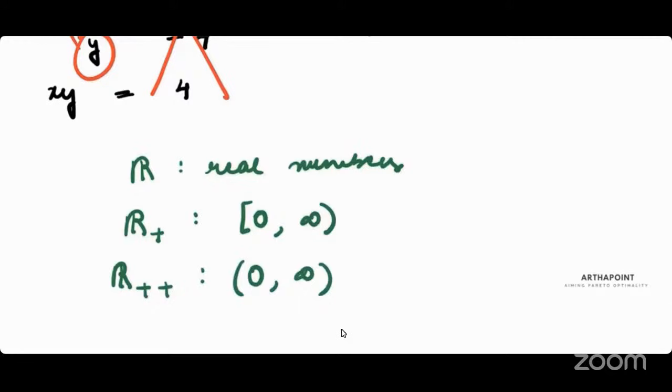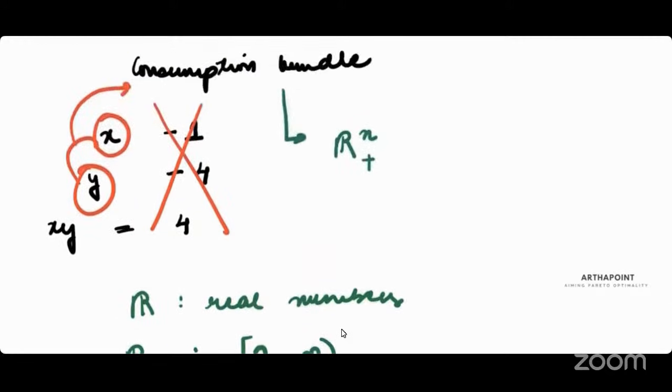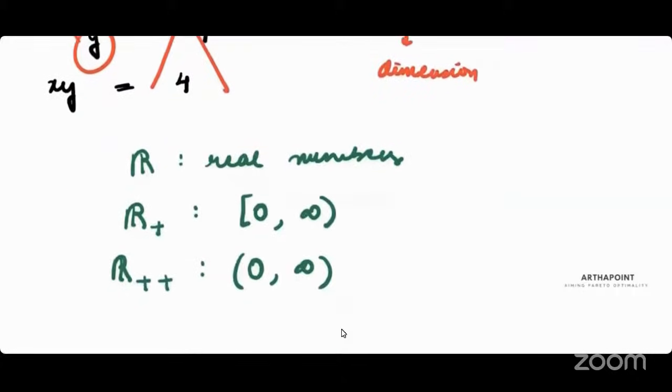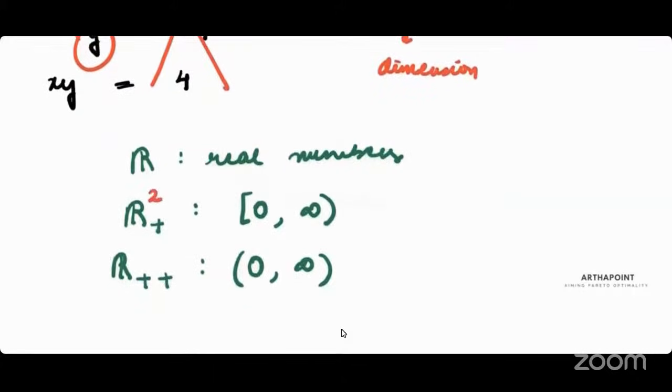Now, this N here represents the dimension. So when I talk about N commodities, I will write Rn plus. When I talk of only 2 commodities X and Y, I will simply write it in the R2 space. If I want to talk about 3 commodities X, Y and Z, you will talk about R3 space.